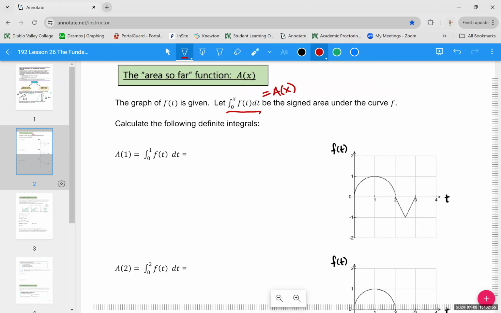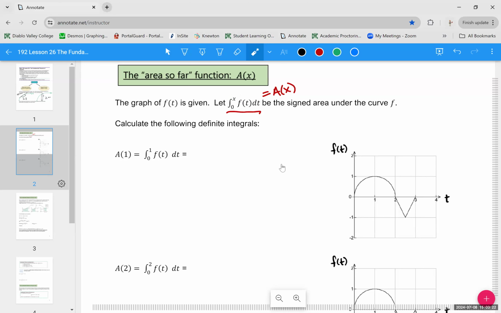We have a graph of some function over here, and we're calling it f of t just so we don't get the x's mixed up. The A of x function, the area so far function, is going to be the definite integral from 0 to x of the f of t function. That is going to be the signed area under the curve f from 0 to x.